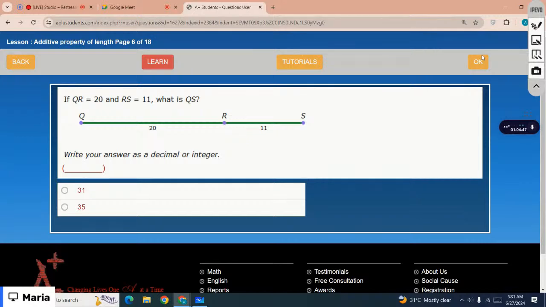If QR equals 20 and RS equals 11, what is QS, which is the correct option?